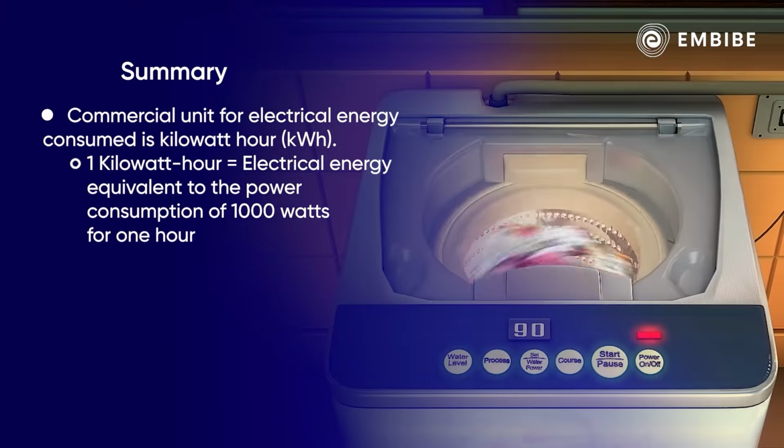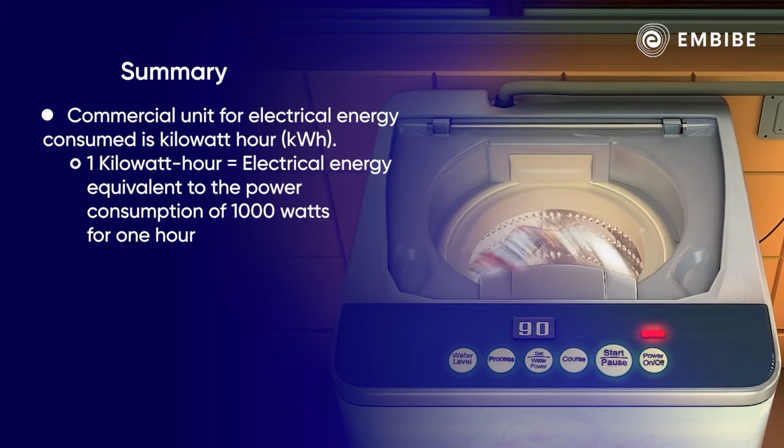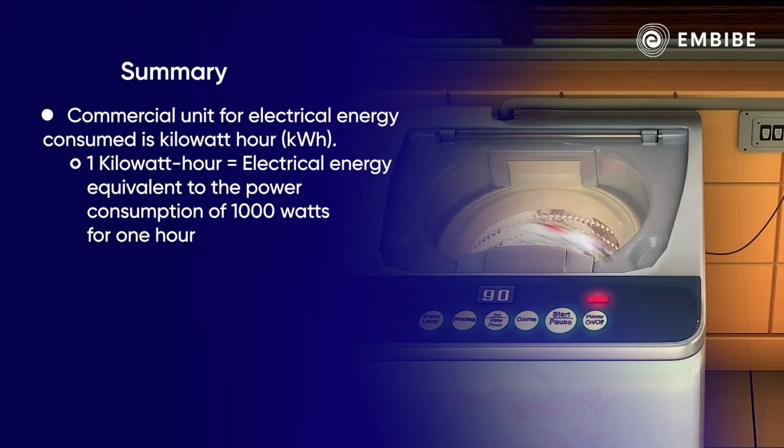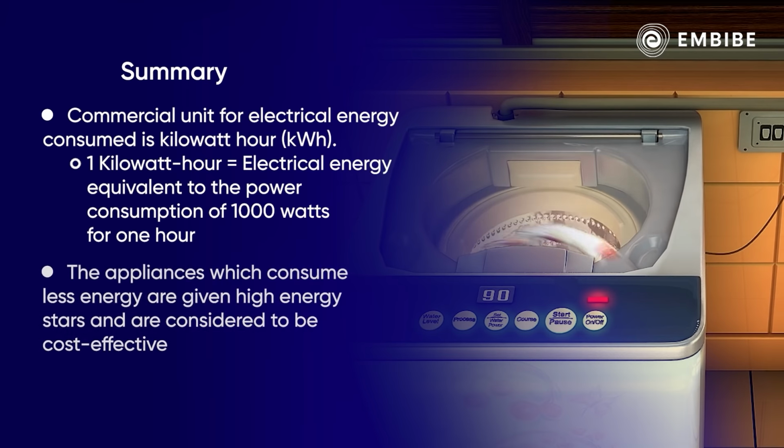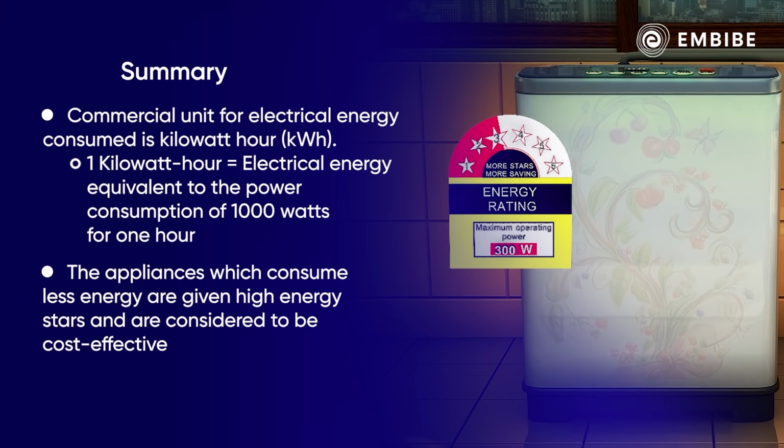Electrical devices use large amounts of energy, and hence energy consumed is often expressed in kilowatt hour. The kilowatt hour is a measure of electrical energy equivalent to the power consumption of 1000 watts for 1 hour. The appliances which consume less energy are given high energy stars and are considered to be cost-effective.